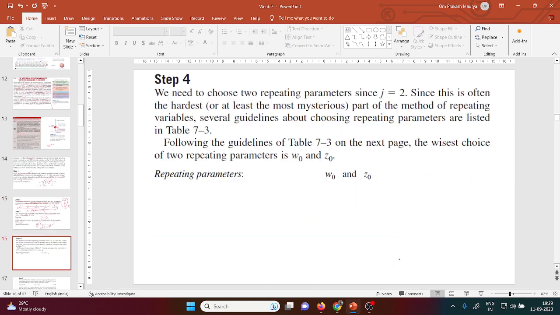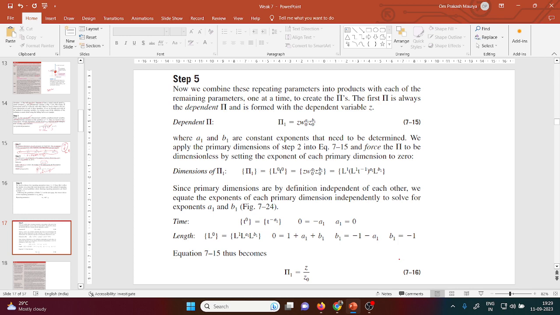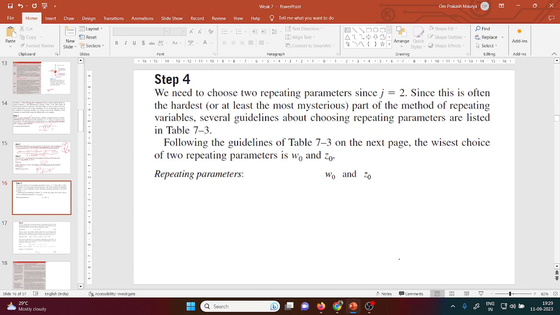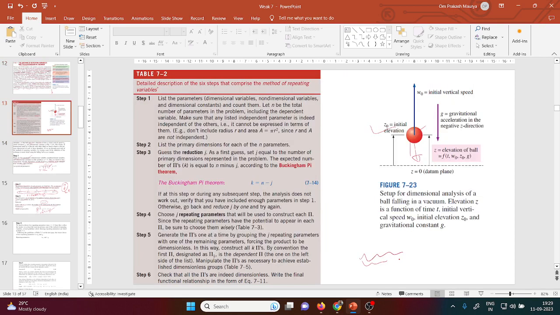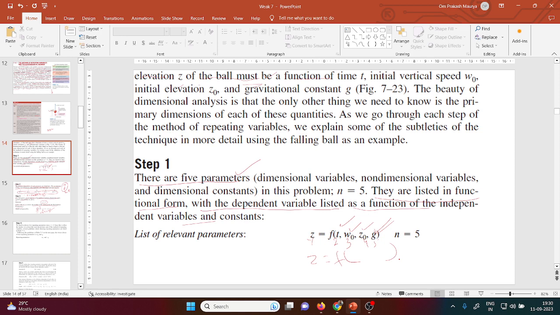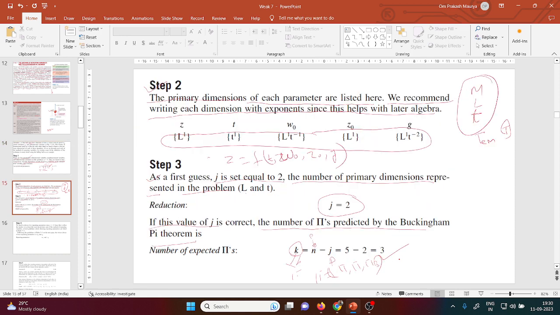So let us move ahead. Let us take the next question. In this question we need 3 pi. What we are discussing is the textbook problem, and we need 3 pi for this. And how do we calculate the pi? You have seen here already, and one question we have already solved.